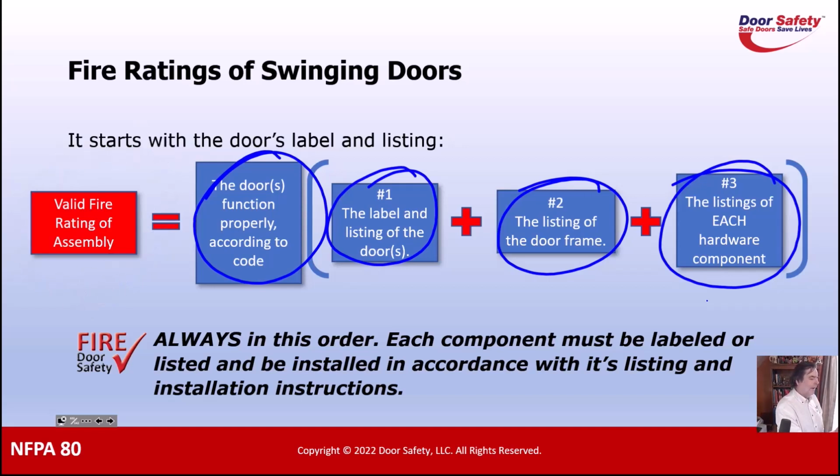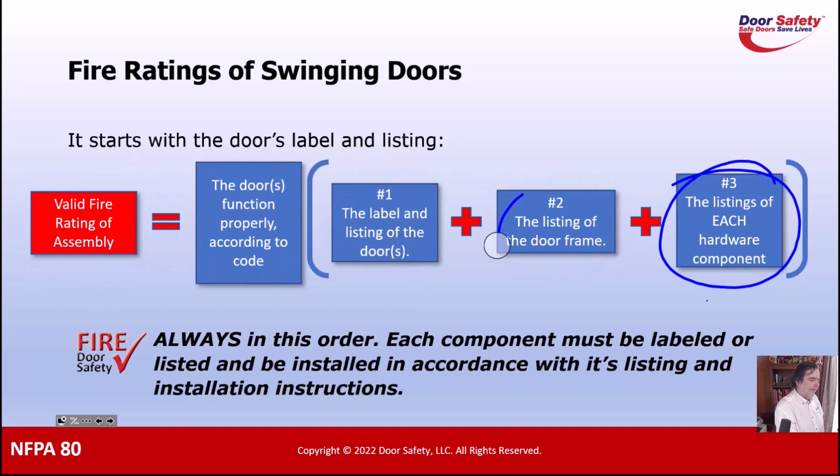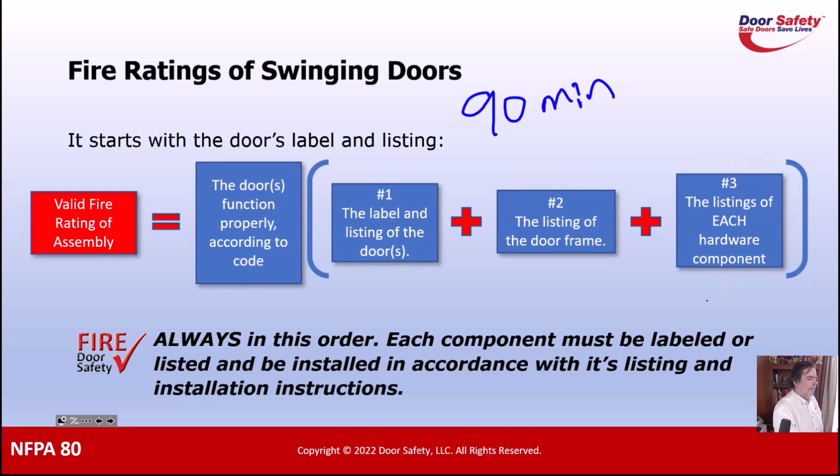Another way of looking at this slide is that, let's say we are required to have a 90-minute opening. So we've got a 90-minute door, we've got a 3-hour frame.